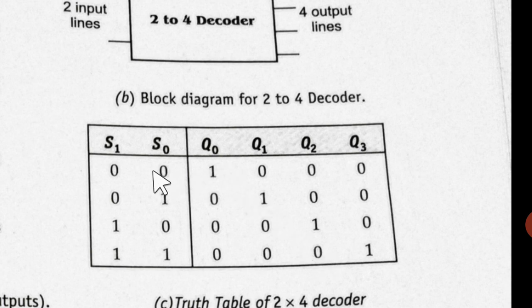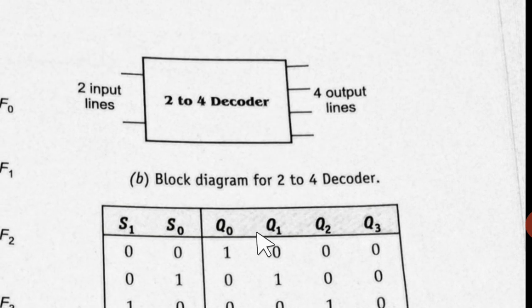So with the combination 0 0, Q0 is 1. With 0 1, Q1 is 1. With 1 0, Q2 is 1. And with 1 1, Q3 is 1. All the others will have the value 0. So students, that was the block diagram, and this is the truth table.